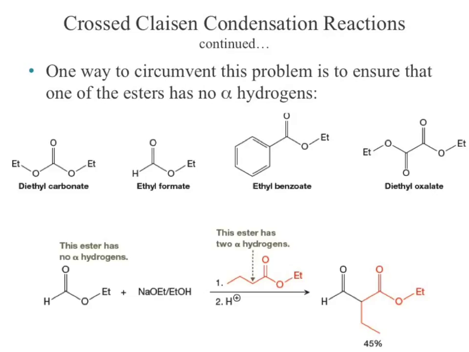Okay? So there are some common starting esters that work as good electrophiles. Notice what they all have in common. There's our carbonyl. At the alpha position, what do we have? Oxygen, not a carbon with hydrogens.